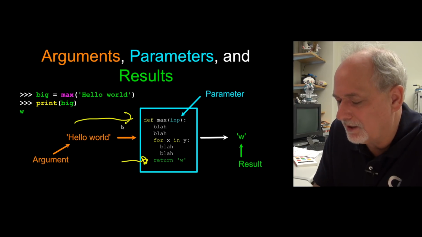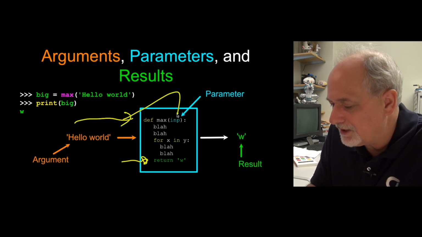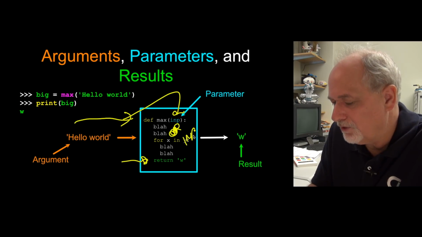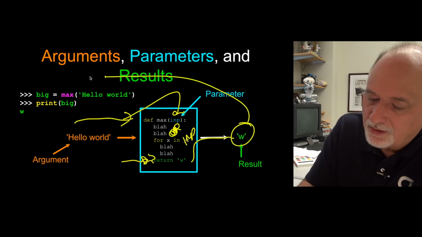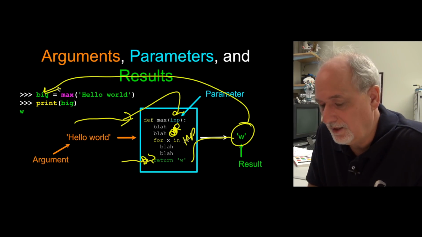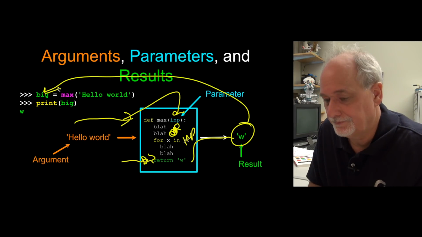So we pass in as argument hello world, it comes in as a parameter, and it's going to loop through this somewhere. It's going to loop over and over, and then at some point it's going to figure something out and tell us what it wants to send back to us in a return statement, and so the W comes back and gets assigned into big.